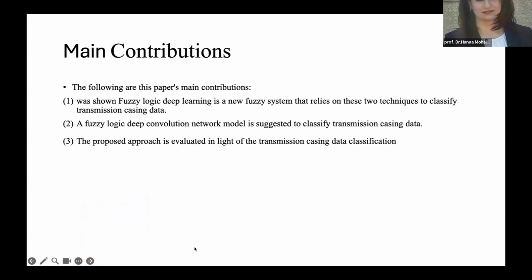Our main contributions go in three directions. First is to present a new fuzzy system that relies on two techniques, fuzzy logic and deep learning. The second direction is to apply this model to classify transmission casing data. Finally, is to raise the evaluation of classification of the transmission casing data.